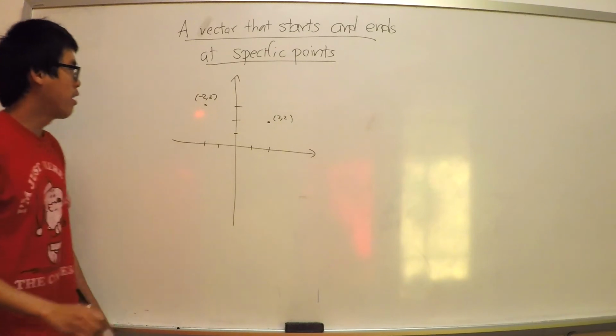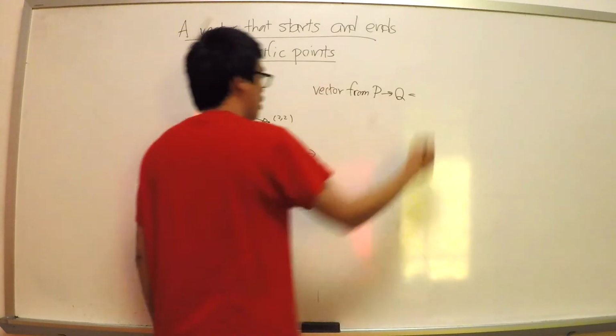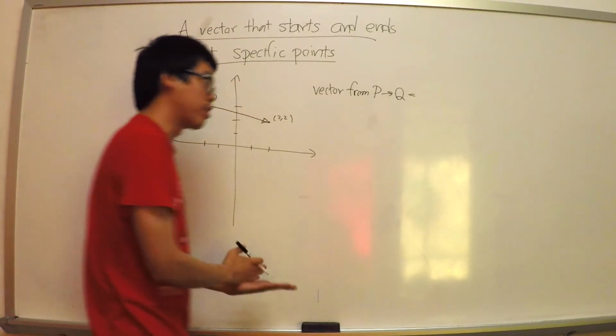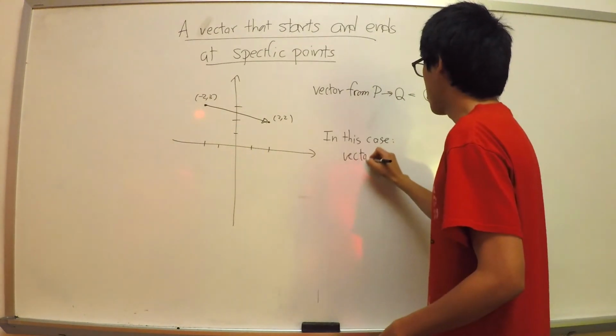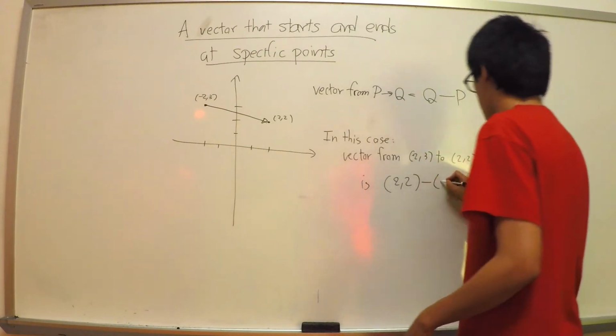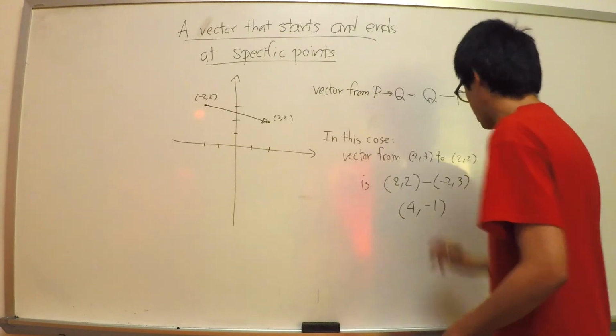And you might wonder, what if I want to start here and end up there? The formula is, if you want to go from P to Q, you do endpoint minus the starting point. So in this case, it will be Q minus P. The vector is (-2, 3) minus (2, 2).